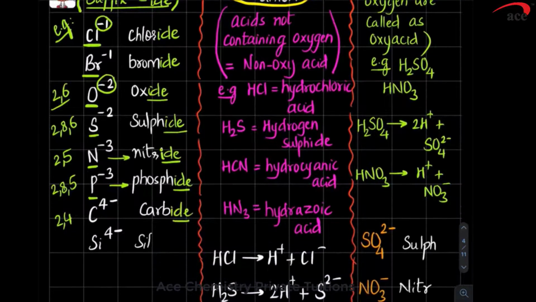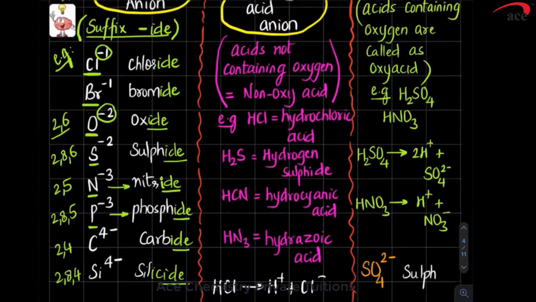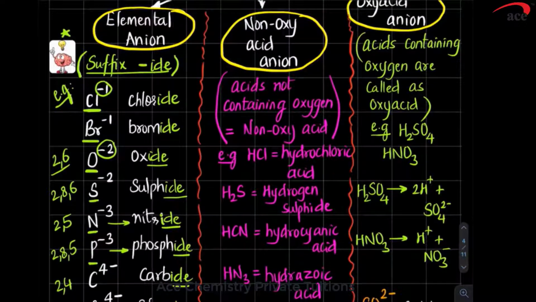Silicon, 2,8,4, can accept 4 electrons and become silicide. So remember chloride, bromide, oxide, sulfide, nitride, phosphide, carbide and silicide. These are all anions called elemental anions.